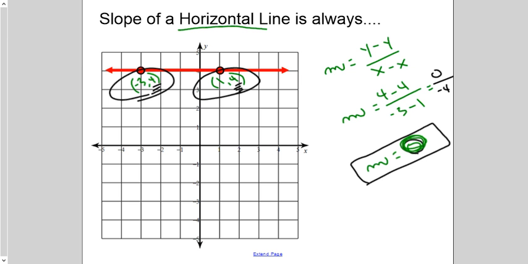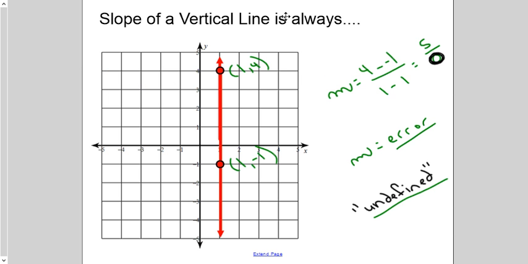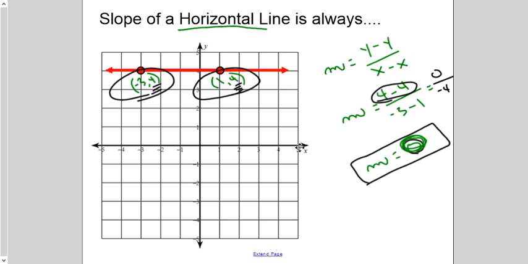And because the y values are the same, that's what gets you the 0 on top. When we take a look at vertical lines, it's the x values that are exactly the same, and that gets you the 0 value on the bottom. And when you get a 0 on the bottom, that's an undefined, that's an error. So vertical lines have a slope that's undefined. Horizontal lines have a slope that's 0.